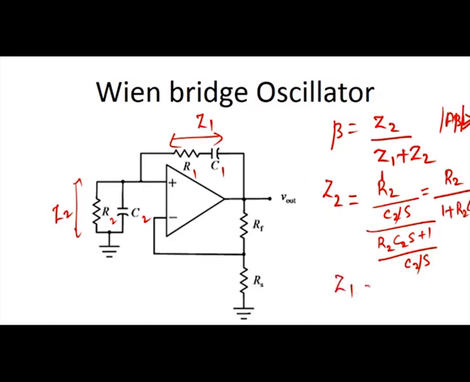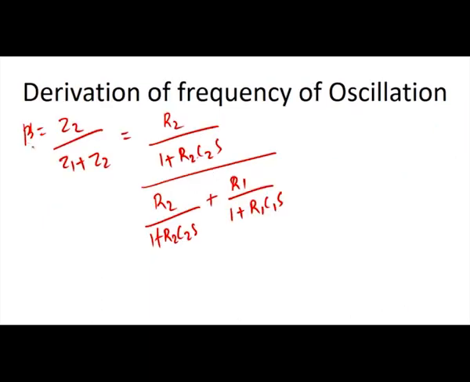What is Z1? It is the series combination of R1 C1. So, you will have R1 plus 1 by C1S. If you take LCM, R1 C1S plus 1 by C1S. This is Z1. For beta, substitute the values of Z2 and Z1, beta is Z2 by Z1 plus Z2.